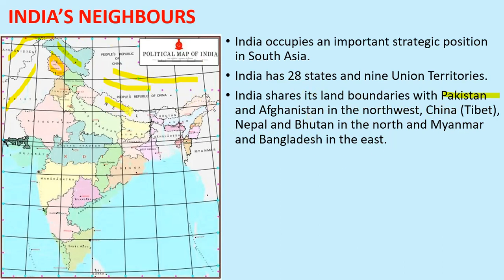Nepal is here. This is the region. Bhutan, you can locate here, Bhutan region. In the north and Myanmar and Bangladesh. Myanmar, you can see here, this region is the country of Myanmar, and Bangladesh in this area.